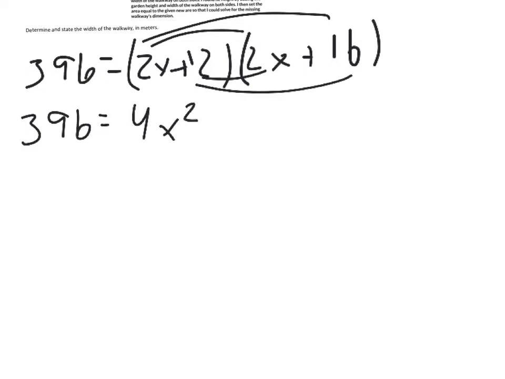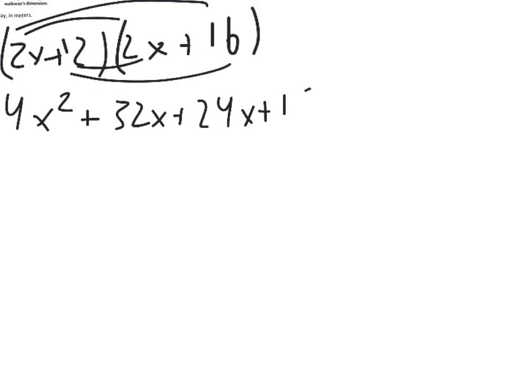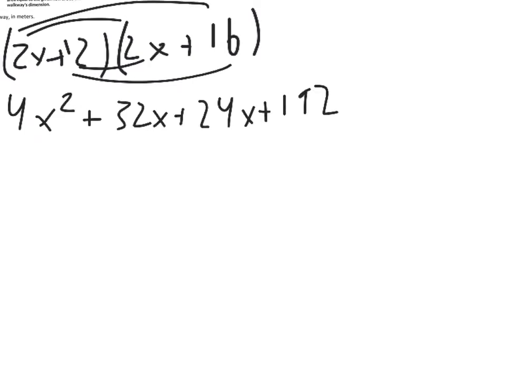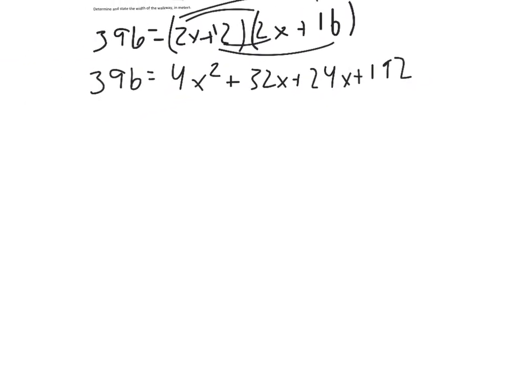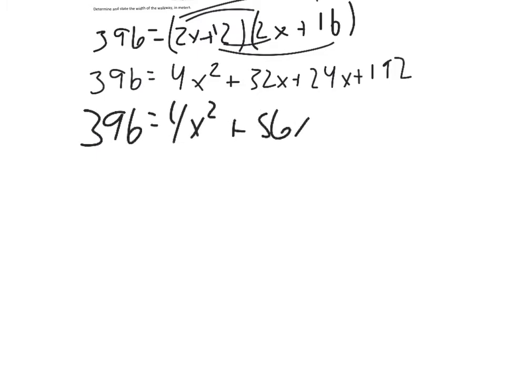So 4x squared plus 32x plus 24x plus 192. And combine like terms. 396 equals 4x squared plus 56x plus 192.